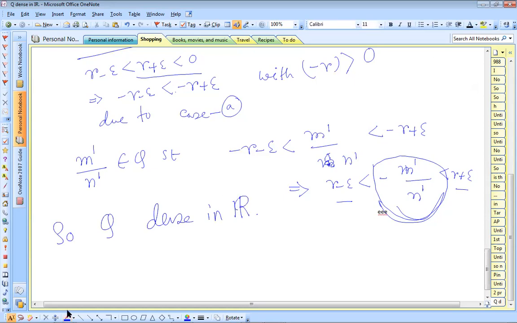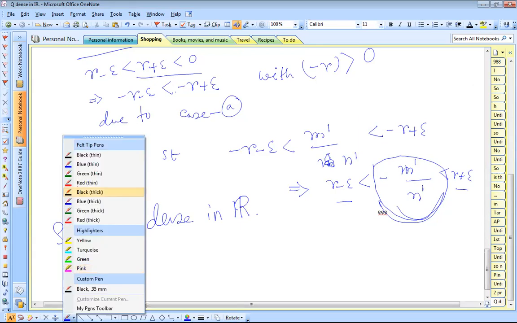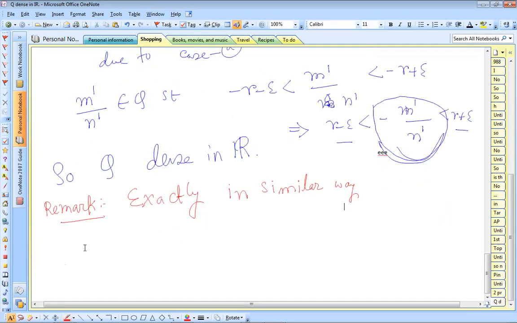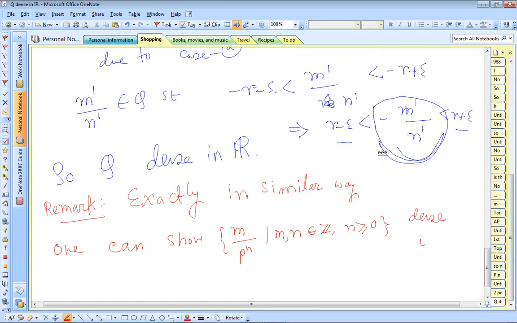So as a remark, in exactly similar way one can show that the set of m by p to the power n, where m and n are integers, n greater than or equal to 0, is dense in R, where p is any prime.